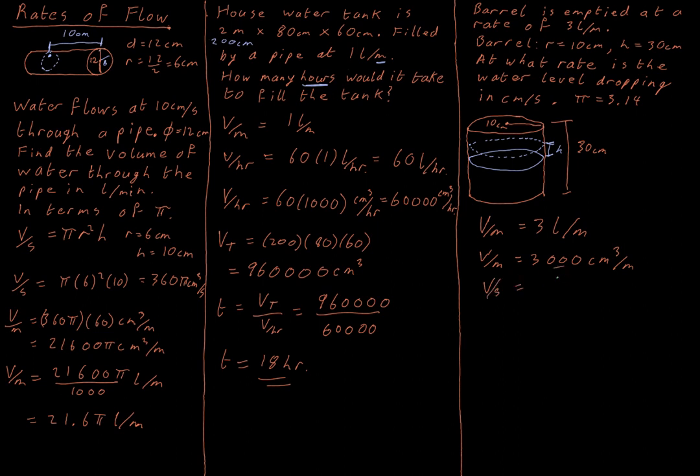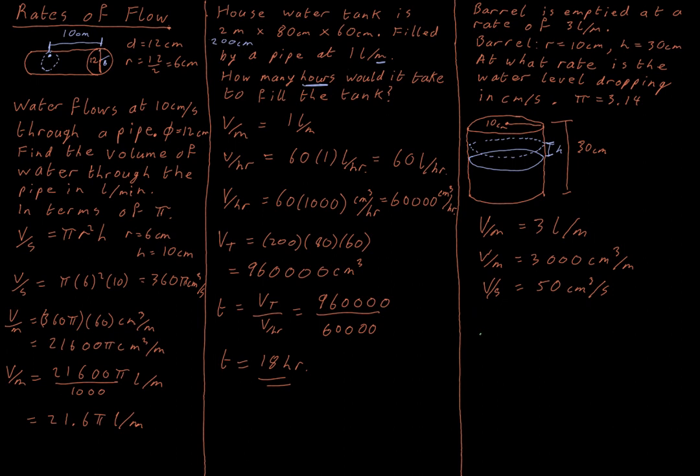So we divide by 60, and we end up with 50 centimeters cubed per second. So every second we are removing 50 centimeters cubed from our barrel. So that's the volume of this cylinder that we are looking for.